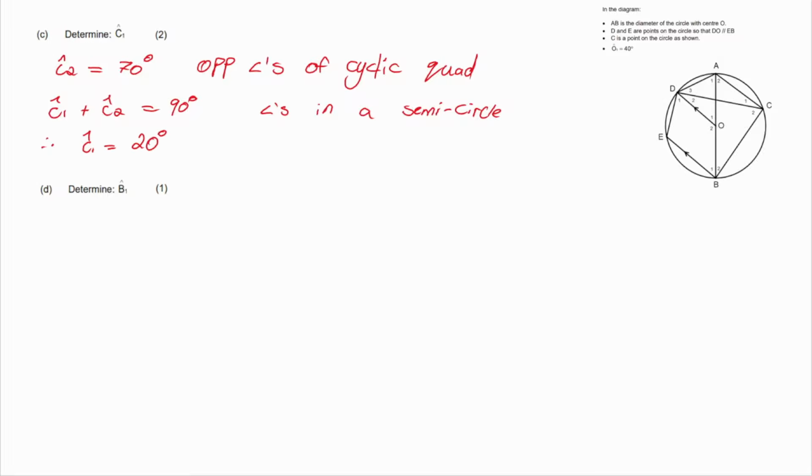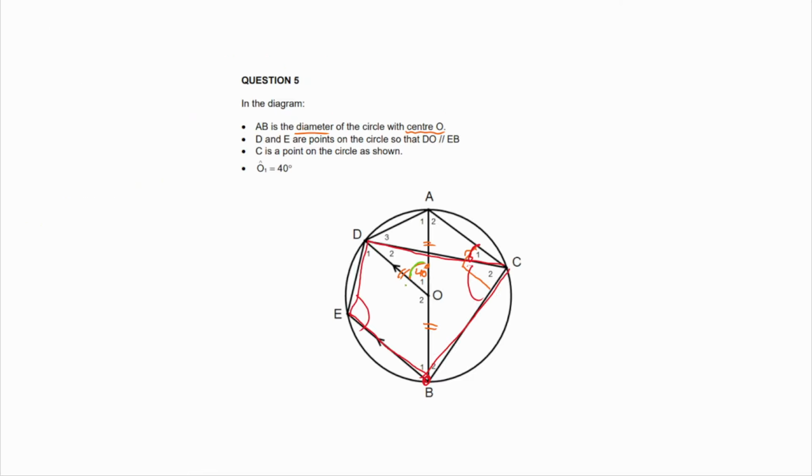Okay. Another interpretation you could have done for this is that here we have an angle at center, and this is angle at circumference. All right, so you could have done that C1 is equal to 20 degrees because angle at center is equal to 2 times angle at circumference.